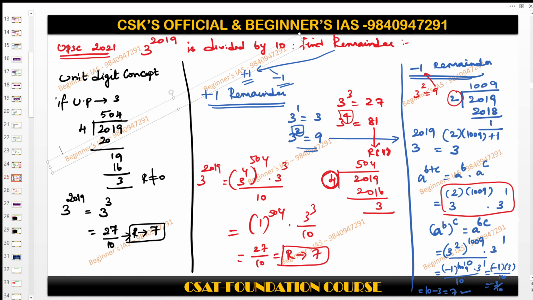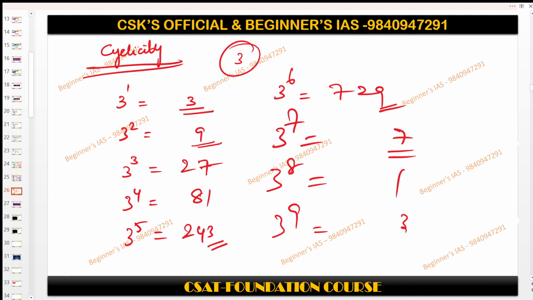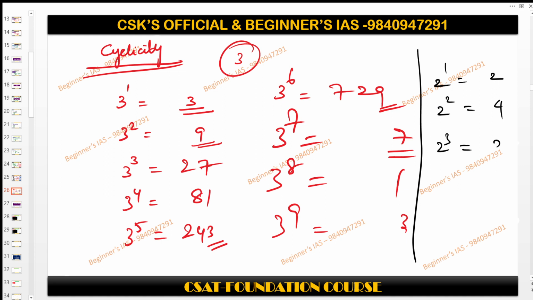Now let us take any number, so take 2. Tell me the cyclicity of 2. 2 power 1 is 2, 2 power 2 is 4, 2 power 3 is 8, 2 power 4 is 16, 2 power 5 is 32.